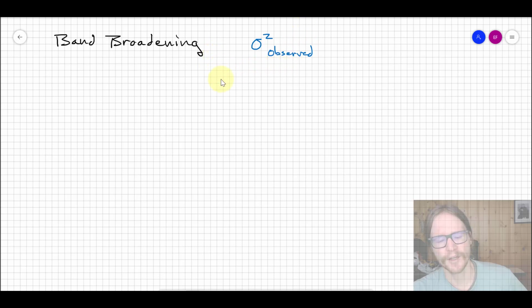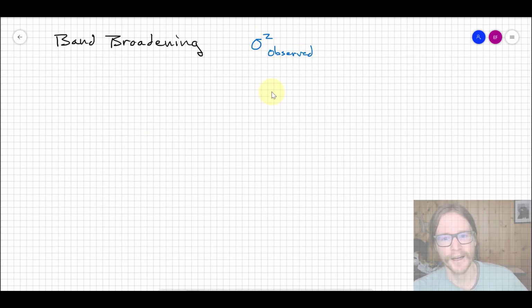So band broadening, we talked about the proxy. We use either sigma, which is the standard deviation of the band because it's a normal distribution, or we square that and we get the variance. So here I'm just talking about the variance, which is, again, just a quantitative proxy for the width of a band at any given moment in time or distance from the point of injection. And we have what we observe.